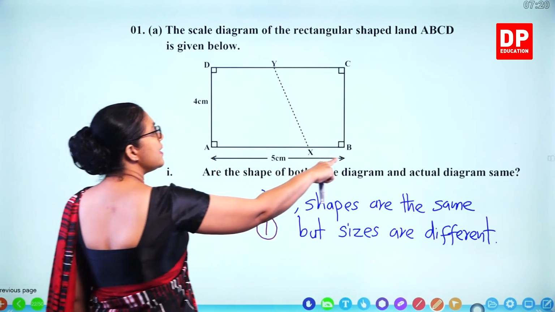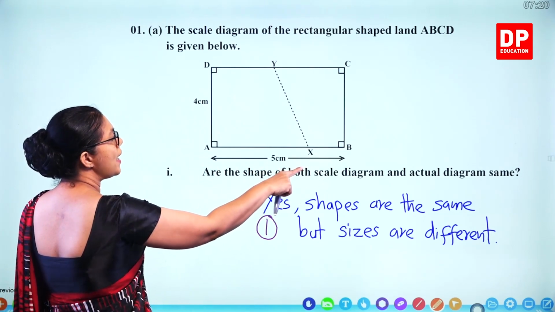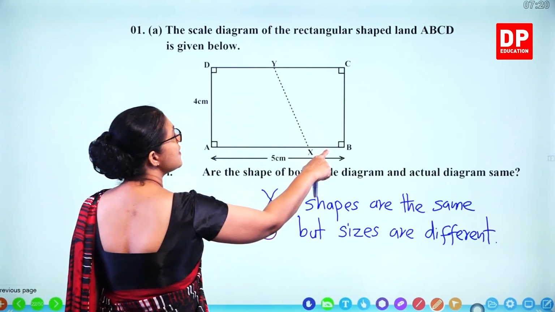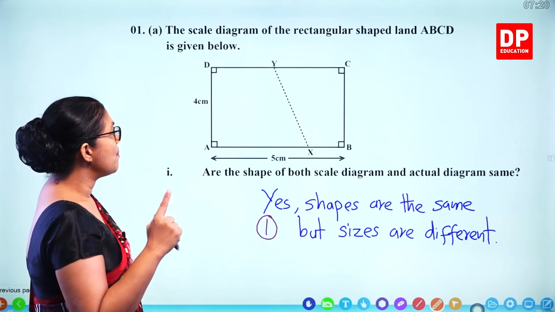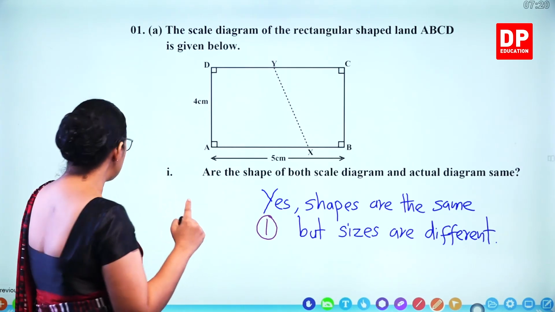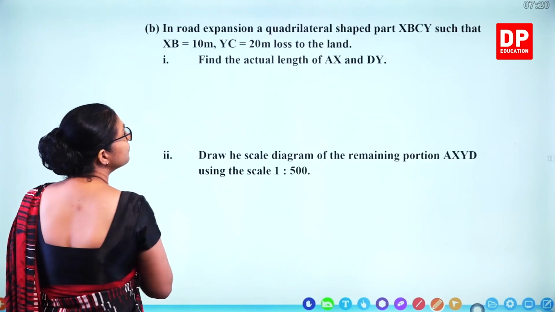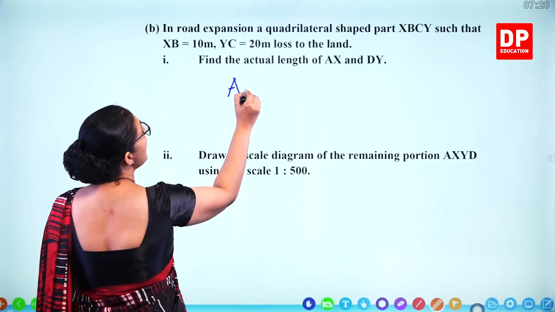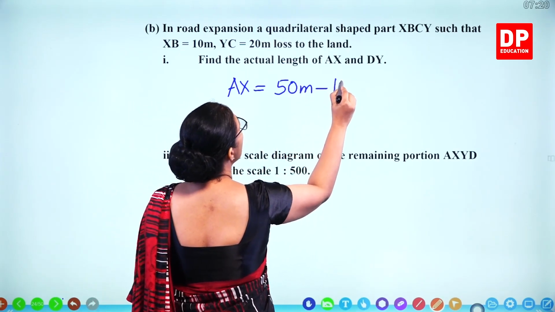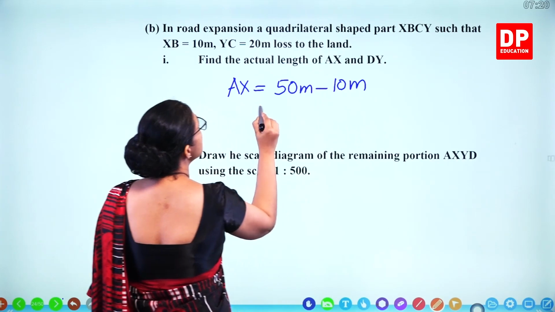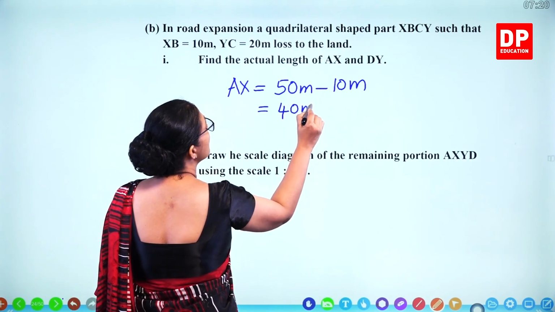The full length AB we found is 50. So this is 10 and this should be 40. 50 minus 10, AX is 40. So we can write AX is 50 meters, the actual length, minus 10 meters, 40 meters.